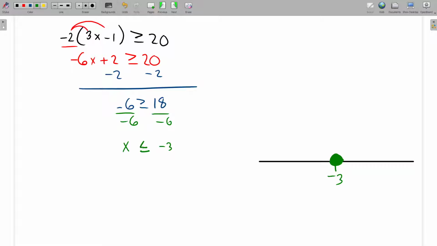And it's just like in the last problem, less than, so I want my arrow to go to the left. I always draw my line and my arrow a little bit above the number line, just so it's clear where the arrow is. But if you drew it on the number line, you would have the same answer.